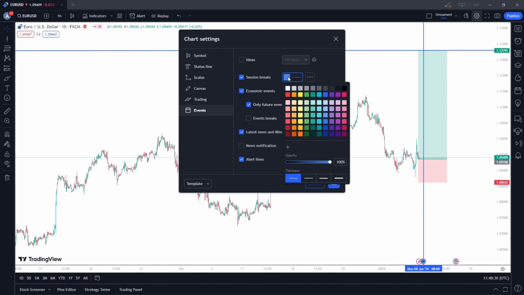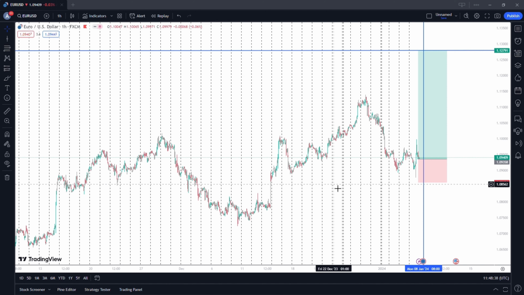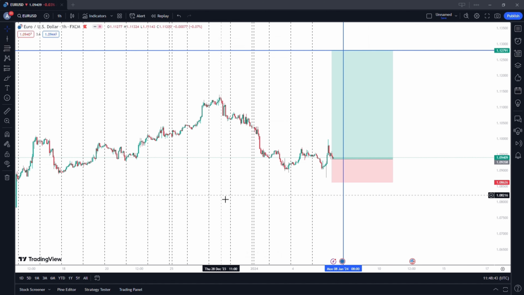Let me change the color to black since the canvas is white. Okay, and then once you are done, click OK. And then this is going to show you each day or each week's trading.